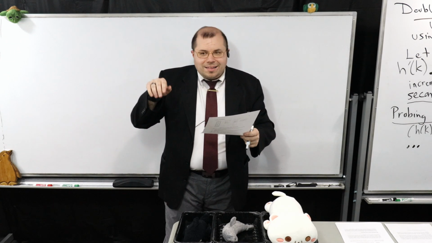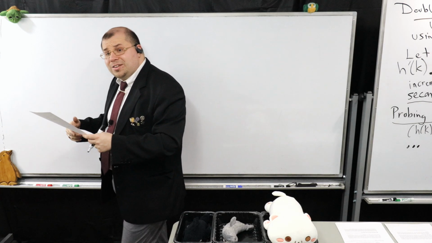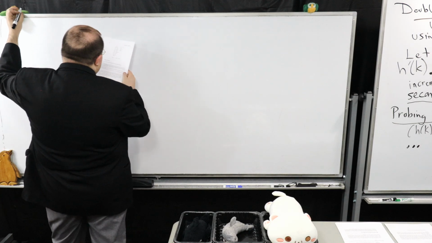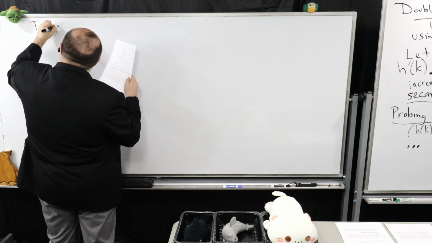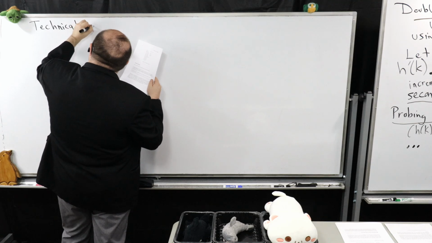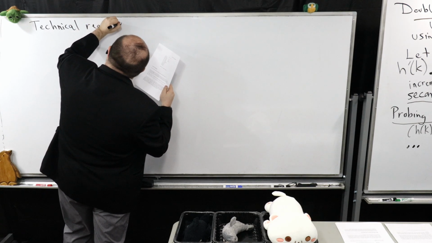So when we design the secondary hash function, it has to satisfy certain properties. So technical requirements, I'll just phrase it this way.